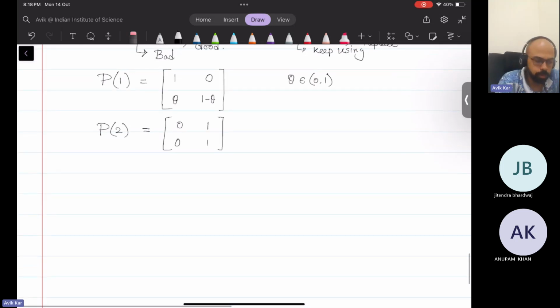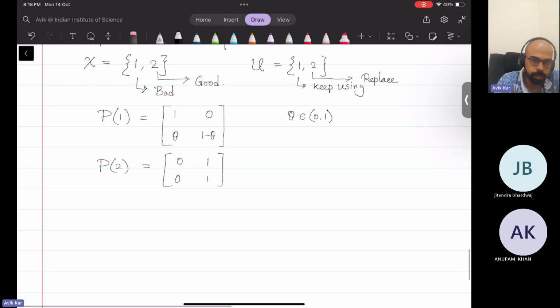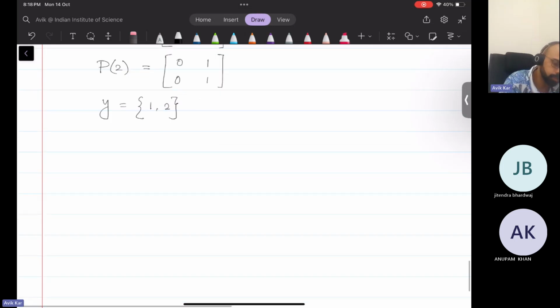And the point here is this is partially observable. So you cannot observe accurately whether a machine is good or bad. If it is good, with some probability you may see it as a bad machine. So again, Y is also good and bad. B is the observation distribution.